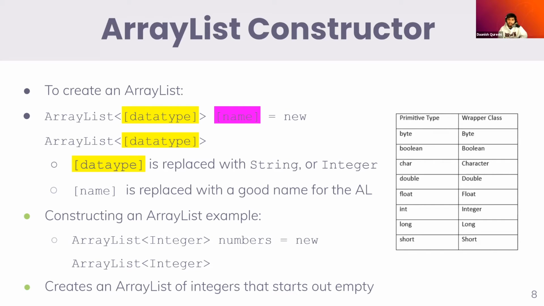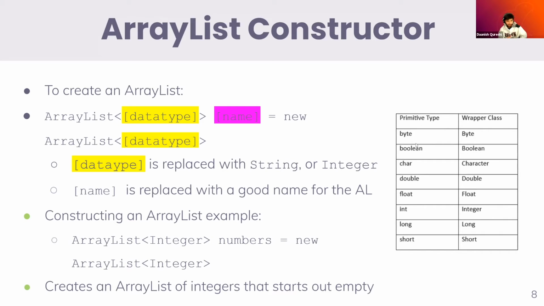But that's just how array lists work. If you want to know why, I think I linked some extra reading below at the end of the slides that'll help you understand why wrapper classes exist and why array lists use them. But for now, you're just going to have to trust me and use that wrapper class instead of the primitive type.